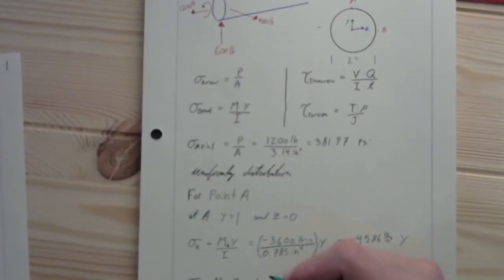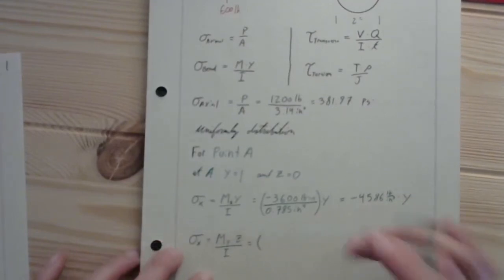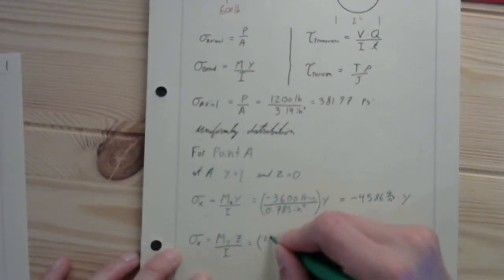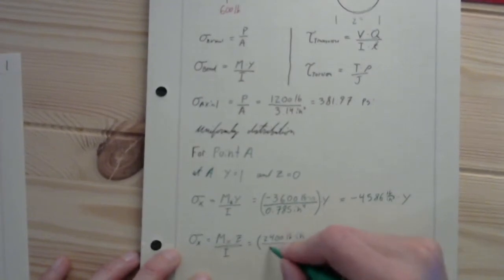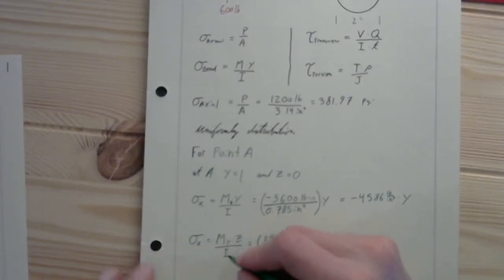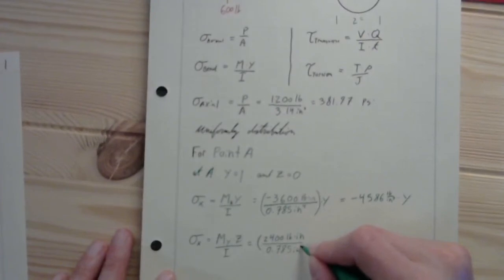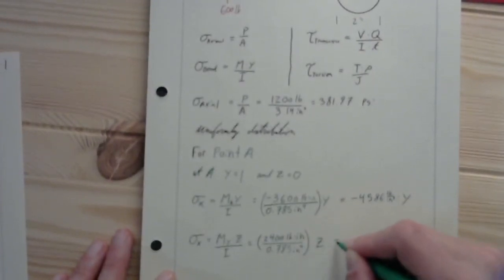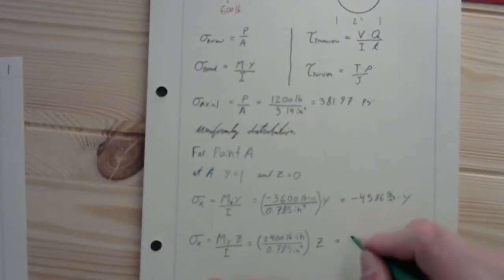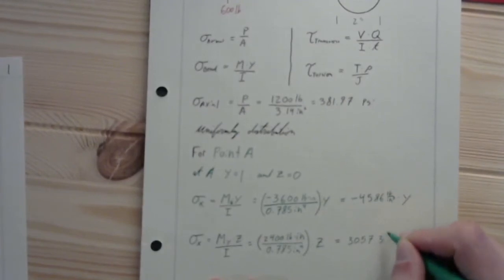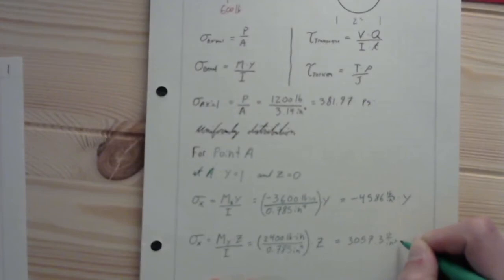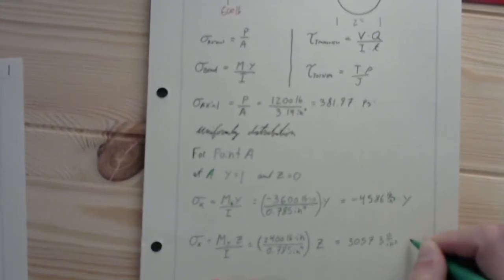That's going to give 2,400 pound-inches divided by 0.785, times z, and that's going to equal 357.3 pounds per inches cubed times z.